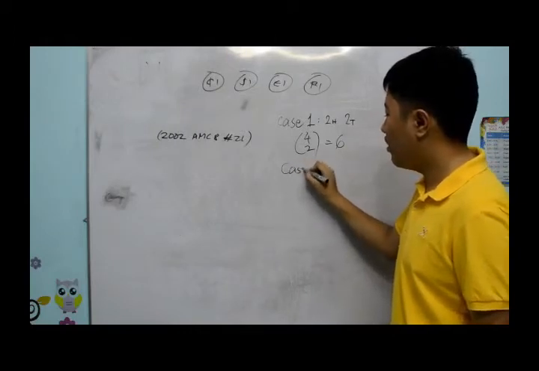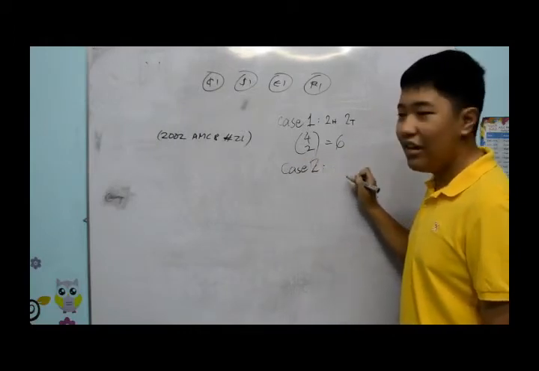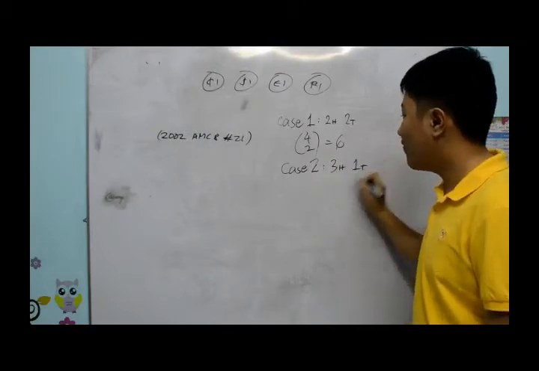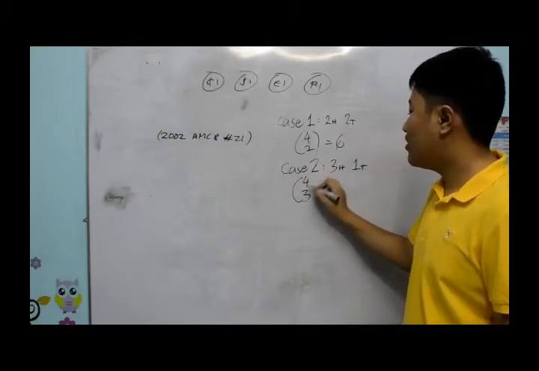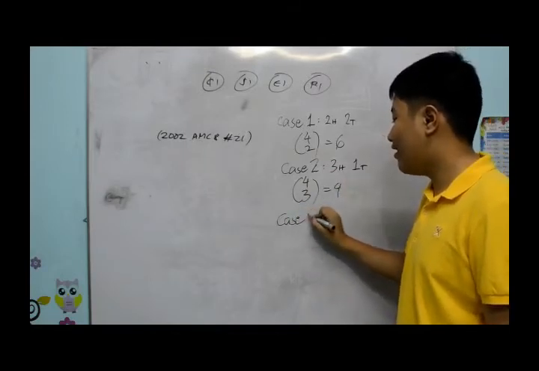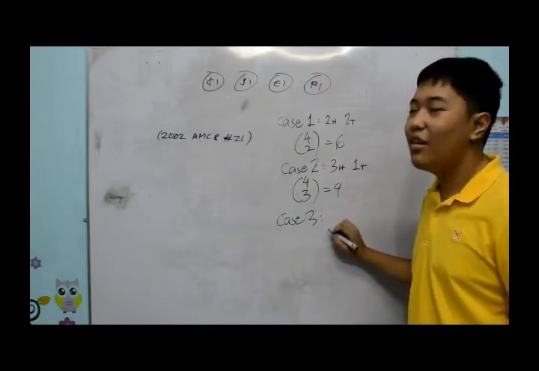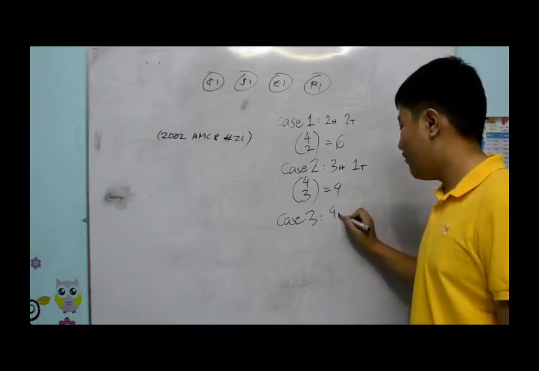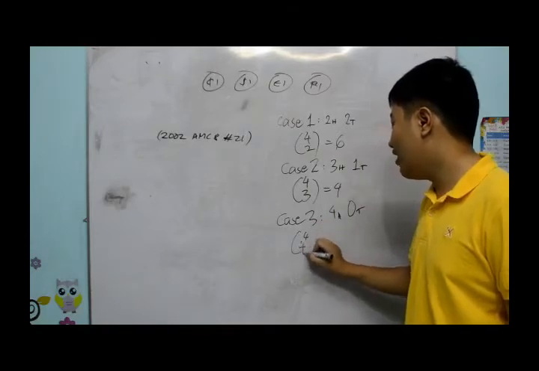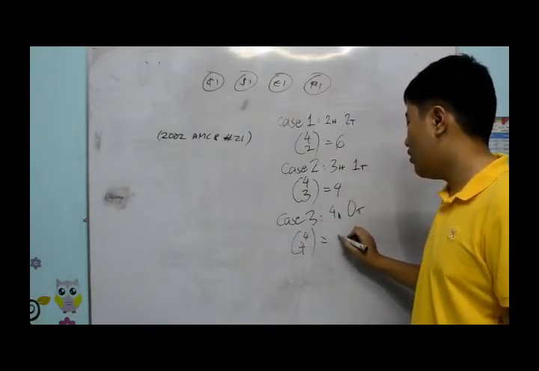Case 2. Harold gets 3 heads and 1 tail. That is 4 choose 3, 4. Case 3. Harold gets 4 heads and no tails. That's equal to 4 choose 4, which is just 1.